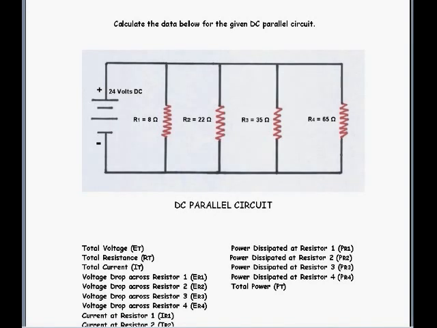Here we have a purely parallel DC electrical circuit which has a source voltage of 24 volts DC.